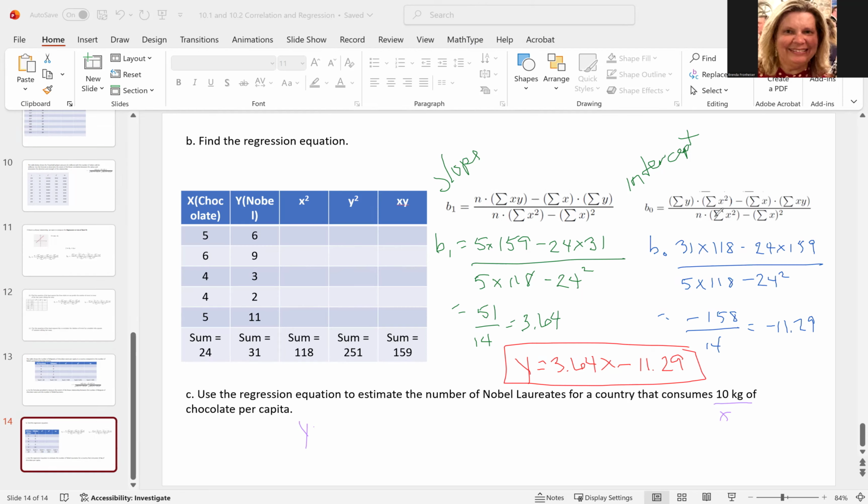So we're going to do y equals 3.64 times 10 minus 11.29. That one I did not do ahead of time, so give me a second. 3.64 times 10 minus 11.29. We would expect about 25 Nobel Prize winners if a country consumes 10 kilograms of chocolate per capita.